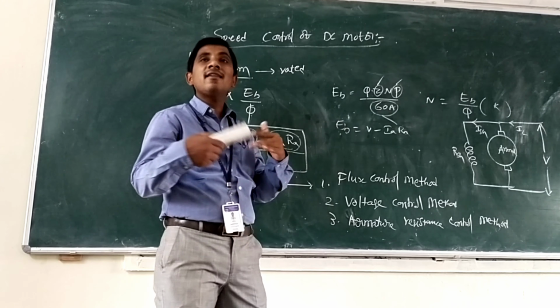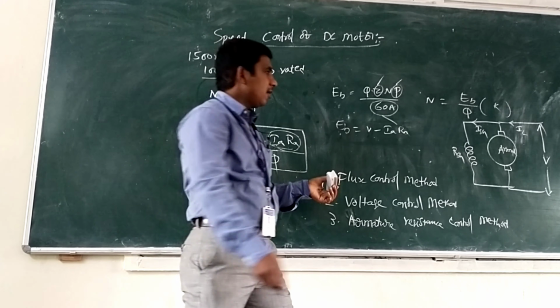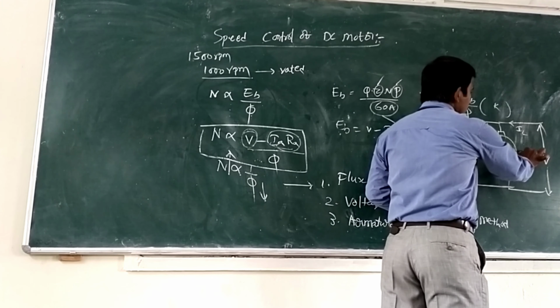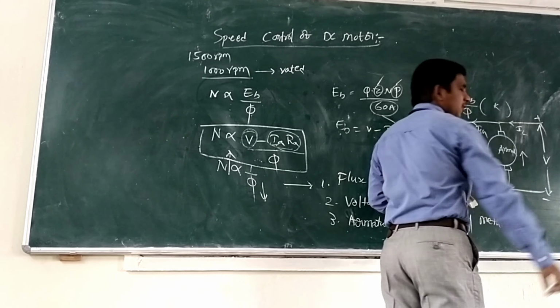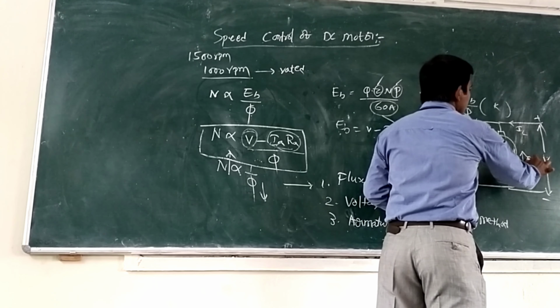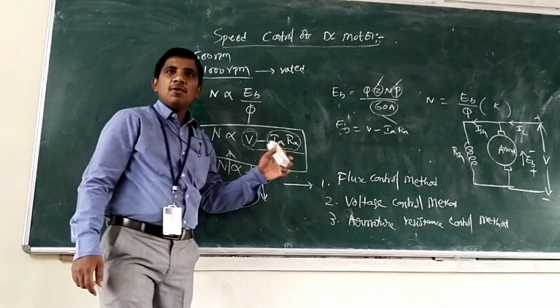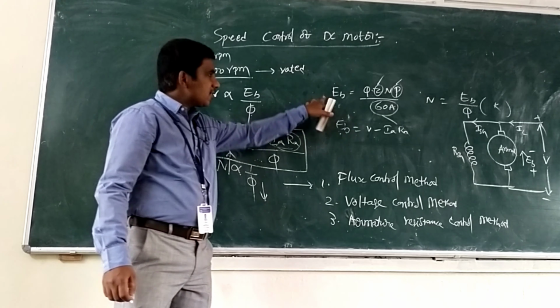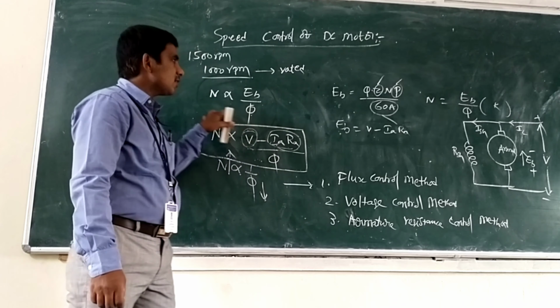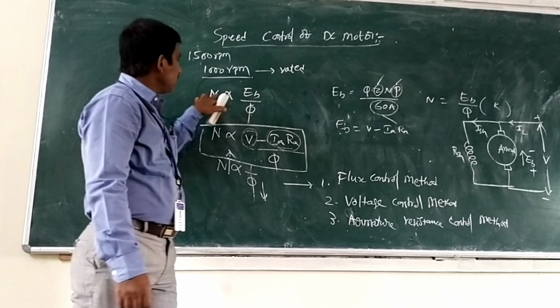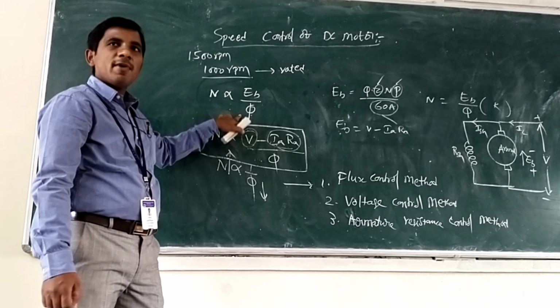Back EMF is the generated EMF in a DC motor. It opposes the supply voltage: if the supply voltage is plus and minus, the back EMF EB will be minus and plus. From these two equations we obtain N inversely proportional to EB by phi.